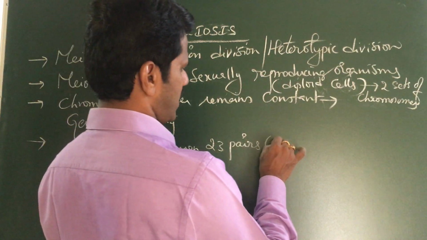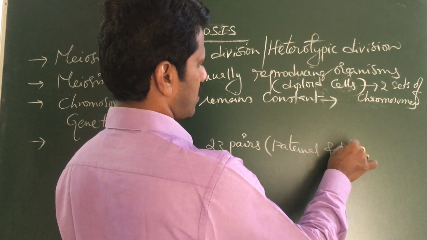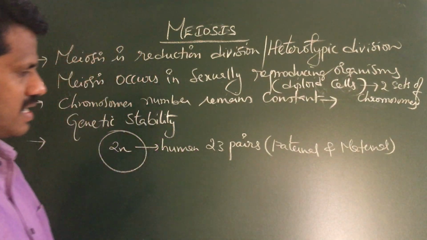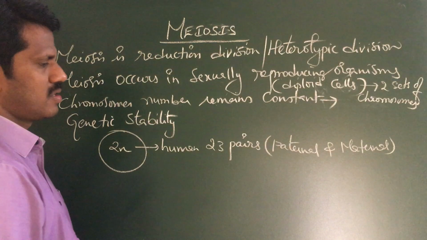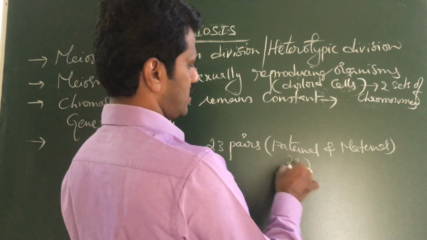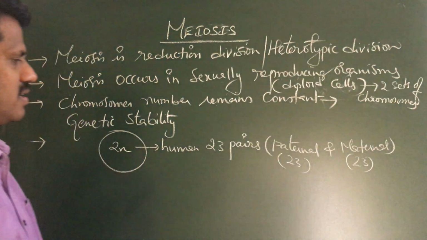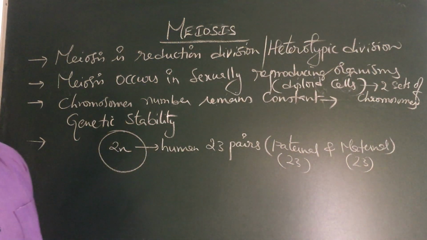One is paternal and one is maternal: 23 from paternal, 23 from maternal. So the total is 46.